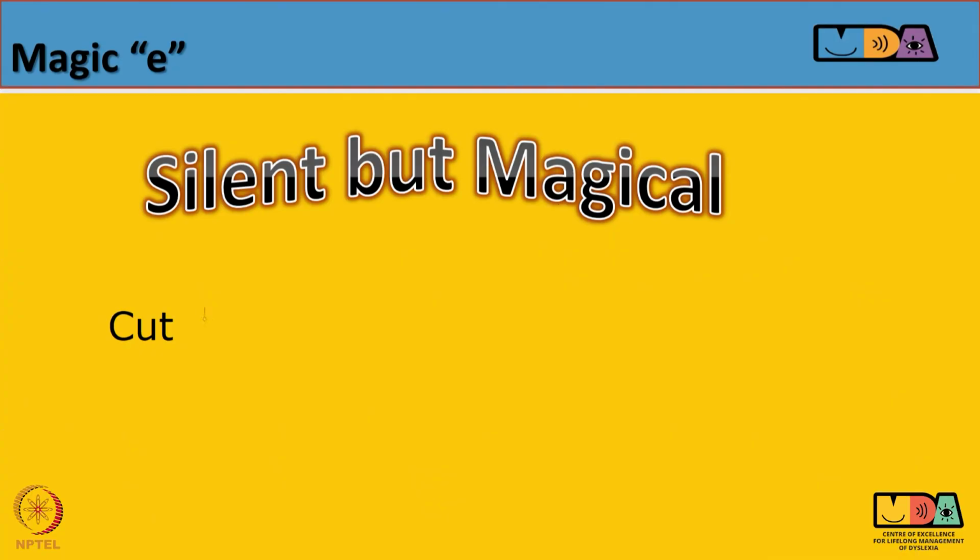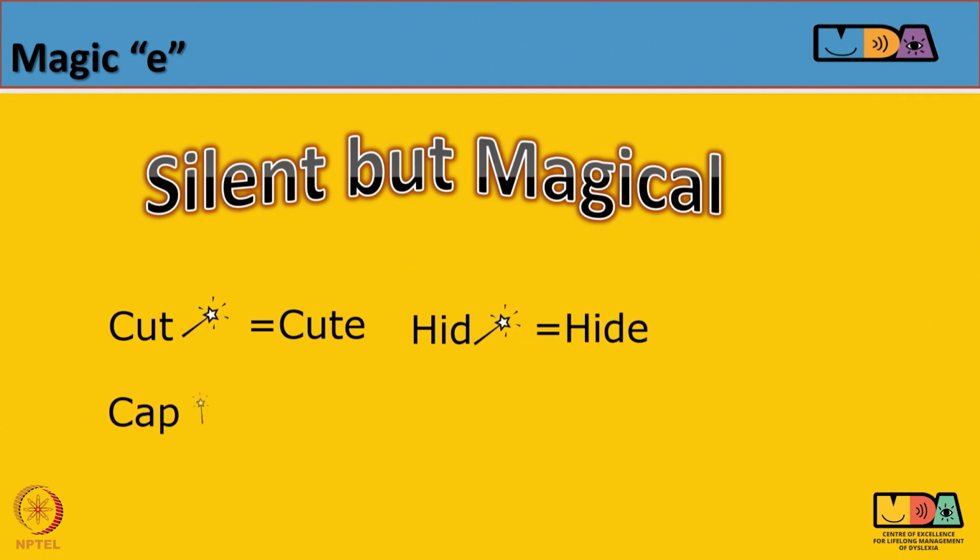So, now getting into the rules and the long vowels, magic E is something that you have seen before. I have introduced the concept of magic E to you before, where the E remains silent, but the vowel in front of it says its own name. For instance, in the word cut, cut is a short vowel sound, cute becomes long vowel, hid becomes hide, cap becomes cape, and not becomes note.